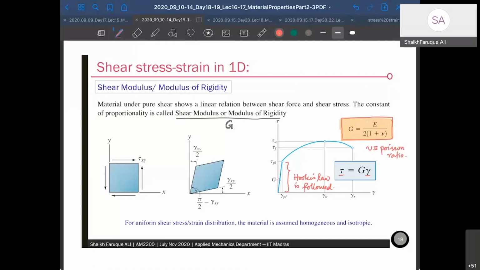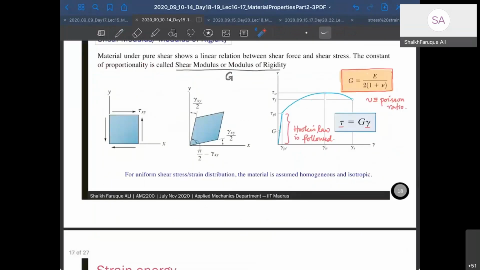You might be given E only, so you have to find G and then use it. I will only give you E and nu, and you have to find G and solve your problem. Or I will give you G and nu, and you have to find E and solve your problem. So in many cases, you have to use this formula. Otherwise, if G and E are both given, you don't have to worry. But in many cases, for the constitutive relationship, you might have to use it to solve your problem. Right? That's called shear modulus or modulus of rigidity.